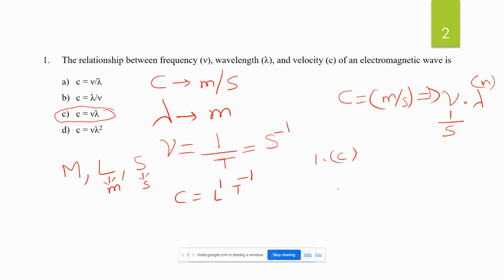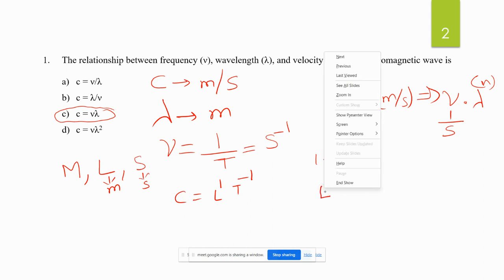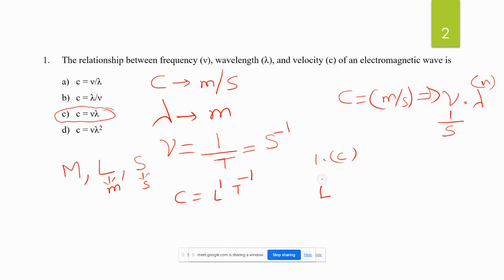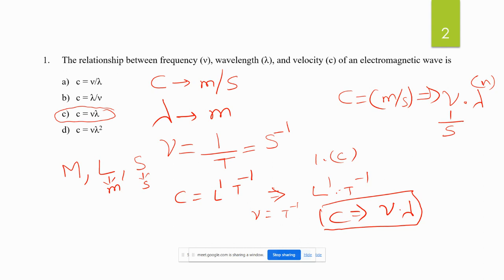Similarly, in any question you see, lambda is L1. So you want T minus 1 to equate this, so mu should also be T minus 1. If you multiply, it will come out as T minus 1. So you can say C is equal to mu lambda even if you don't know the formula. Like this we can arrive at the solution. So this was the first question.